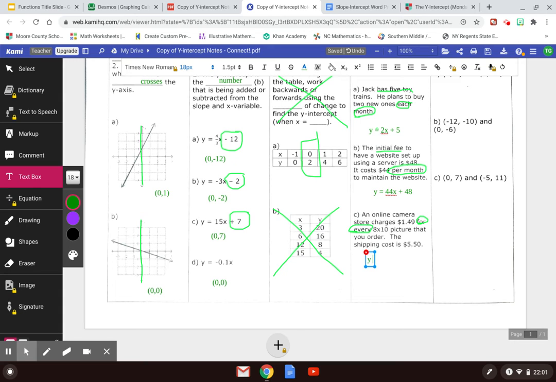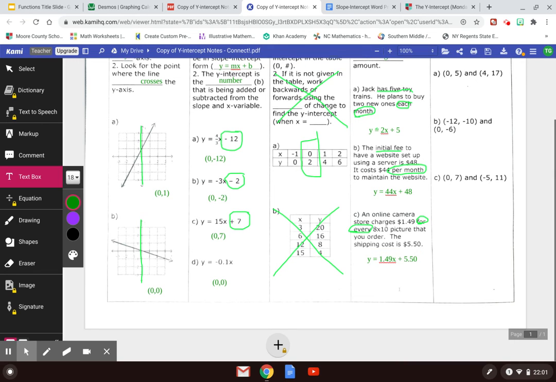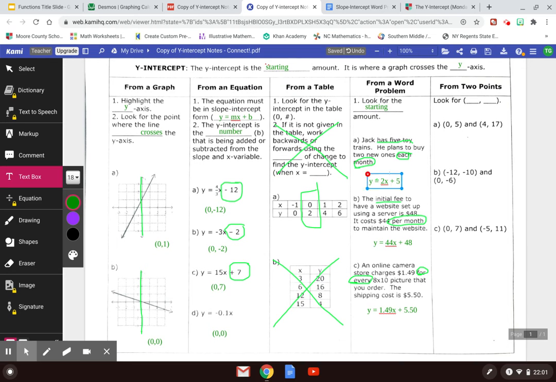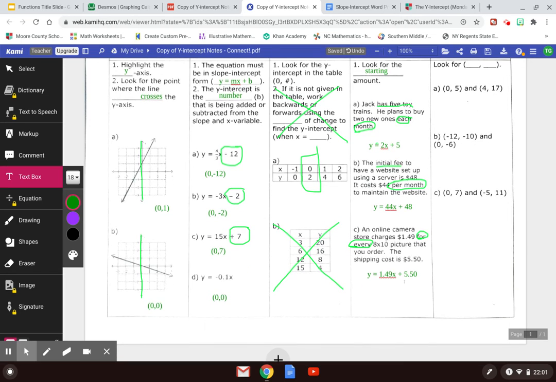So again, y equals, how much are we changing by? $1.49 per picture. And the shipping cost is $5.50 because that's being added to each one, and it's also the constant in this particular problem. So it's your starting amount, and it can also be your constant amount, as you see down here.